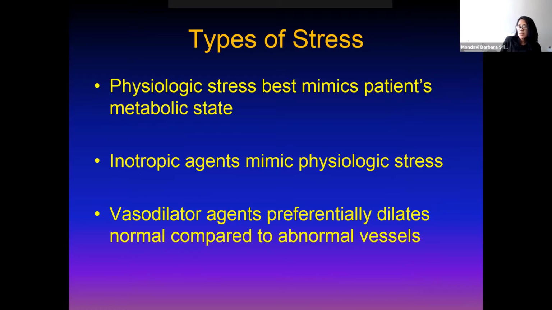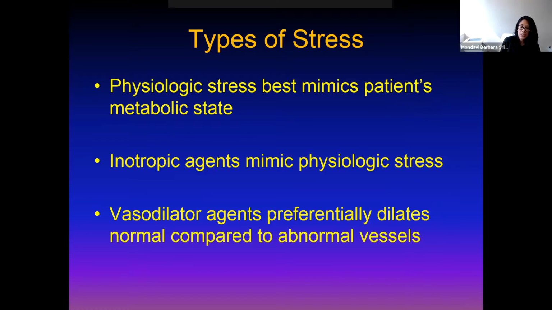As I mentioned, physiologic stress is what best mimics a patient's metabolic state, and we will always try to advocate for physiologic stress testing whenever a patient can exercise. Inotropic agents are thought to mimic the physiologic stress, and so if you want something that's going to be most similar to exercise, then using an inotropic agent is the best choice. As I mentioned, vasodilator agents, we call them stress tests, but technically they don't really stress the heart.